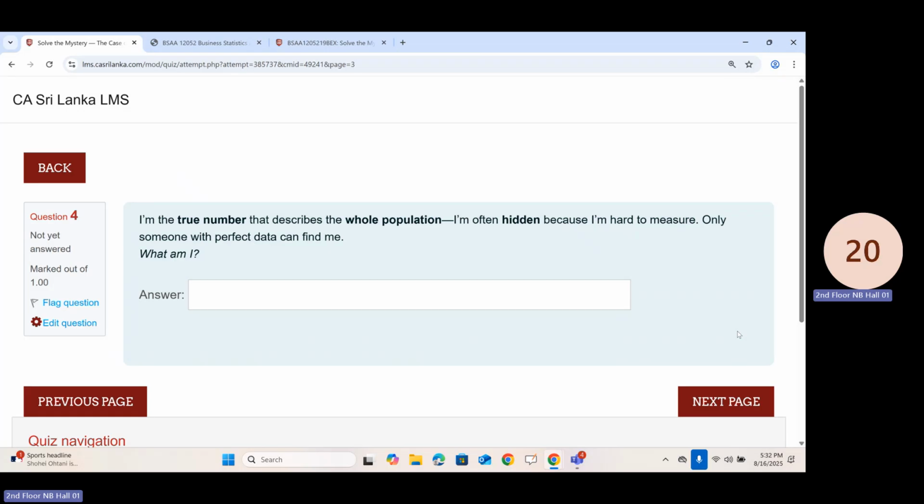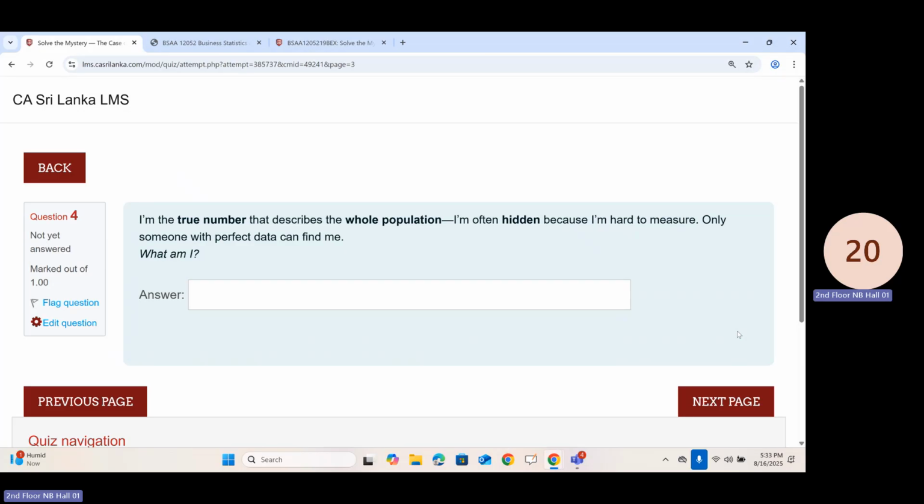Only someone with perfect data can find me. Which one is hard to measure? You are correct: parameter.